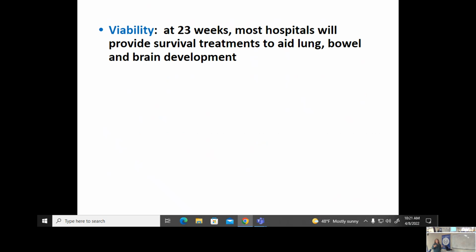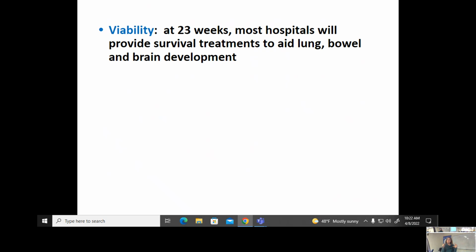One of the next big milestones that you get to is a stage called viability. So we're making a big jump in weeks here. We had been focusing on the 8-9 weeks early development Carnegie stage stuff. Now we're jumping up to 23 weeks pregnant.